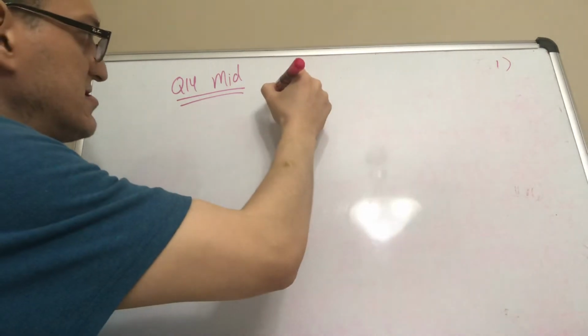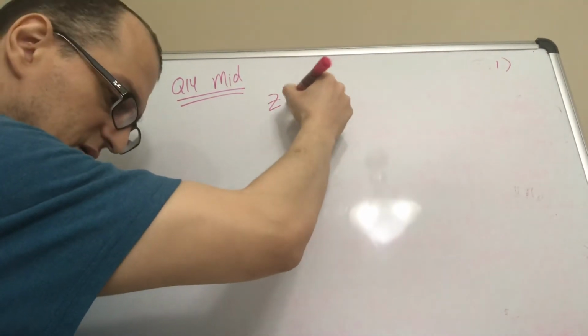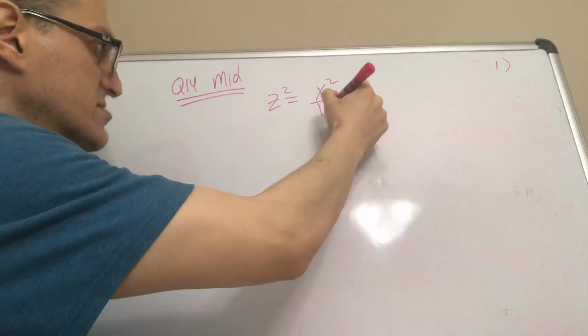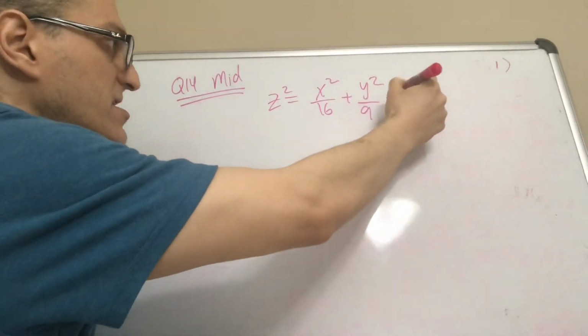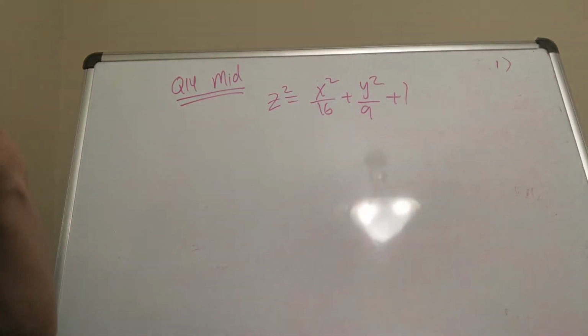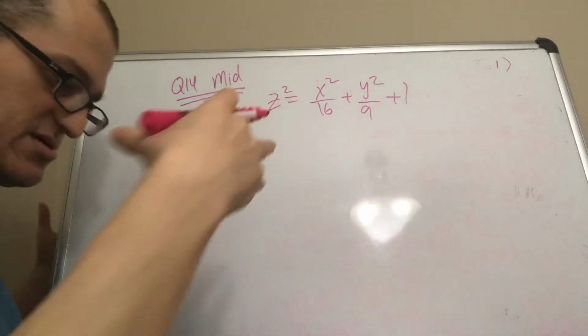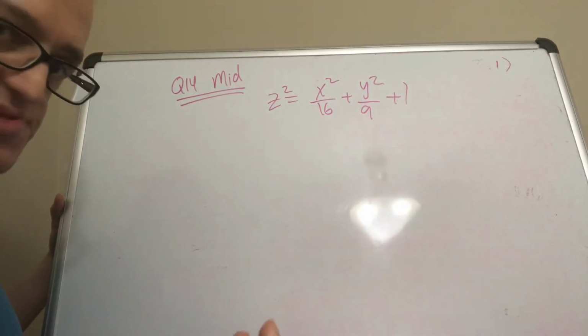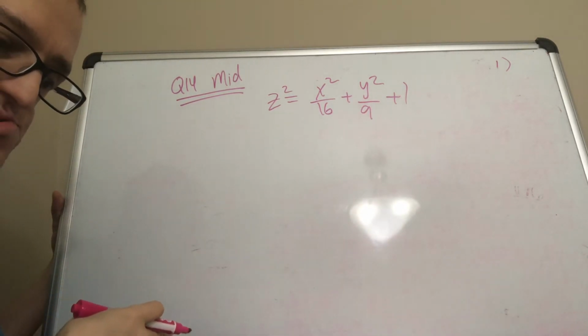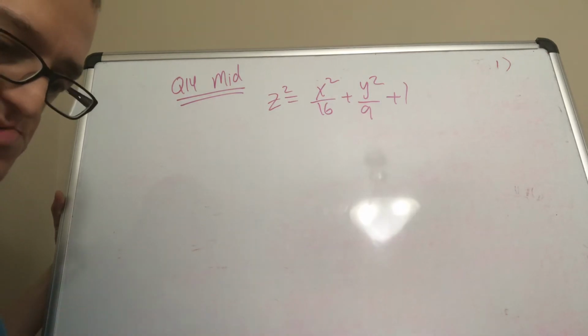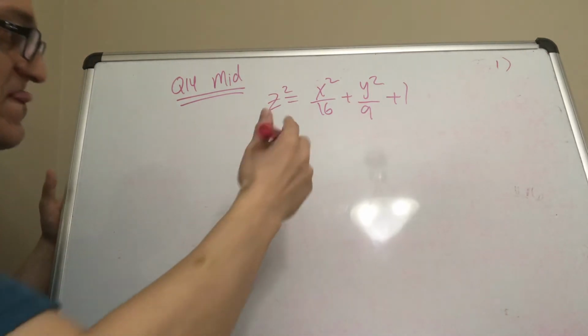The surface itself is z equals x squared over 16 plus y squared over 9 plus 1. I told you, the equation of a tangent plane is different than a tangent to a level surface. This is just a surface.